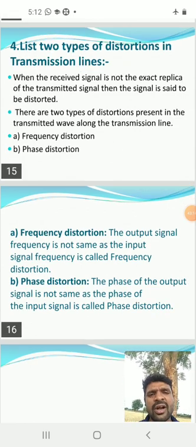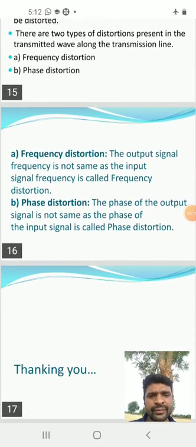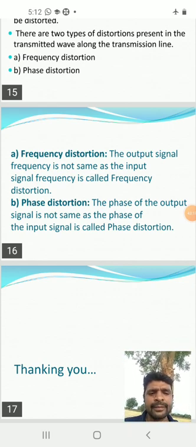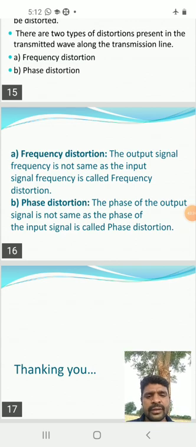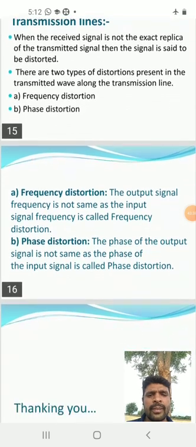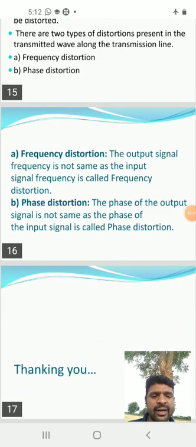Okay. These are today's topics. First topic is primary constants and secondary constants definitions, and second topic is phase velocity and group velocity.